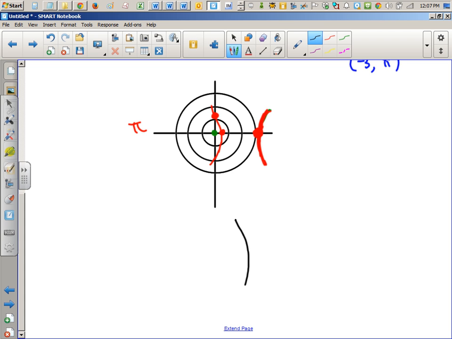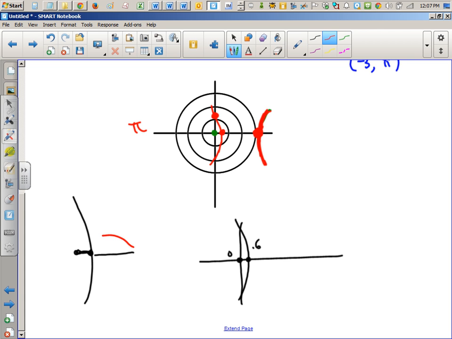If you had the fact that this was at 0 and the fact that this is at 0.6, this distance on a hyperbola, since this distance is a and this distance is c, this little distance right here is a minus c, and it's 0.6. So you could actually play around with this for a little while.